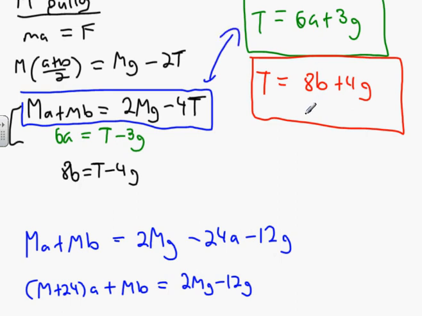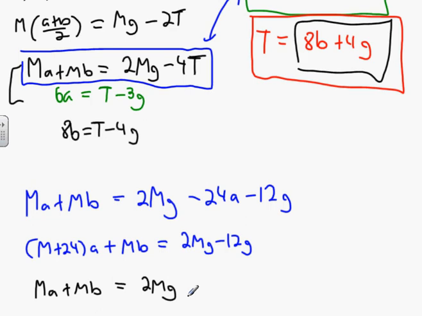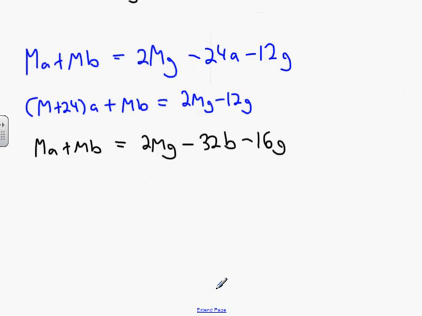Going to try another combination now. Once again, capital MA plus capital MB equals 2Mg. This times minus 4 times this one is giving me minus 32B, minus 16g. Everybody happy with that? Now that that's done, we're going to bring the 32B out the other side.